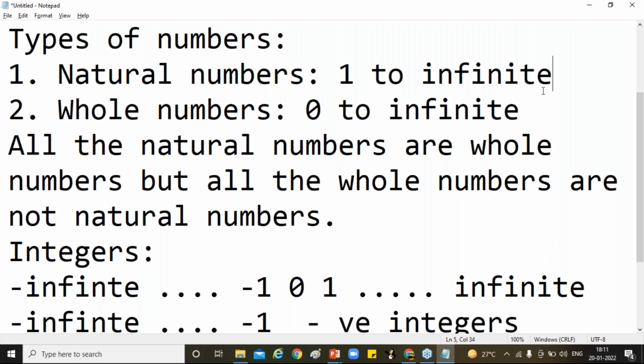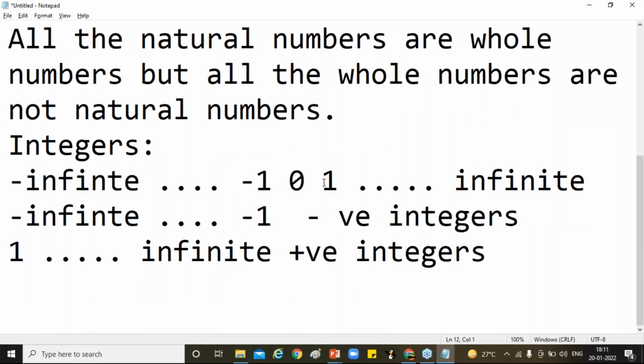Second point: all the numbers from 0 to infinite are called whole numbers. Please note down each and every point.